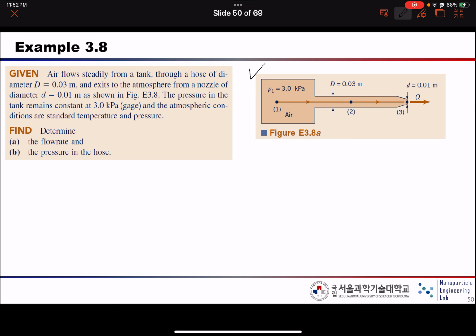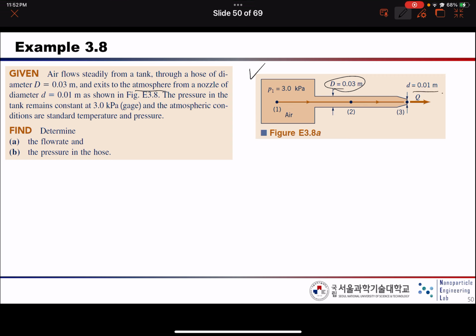So here the diagram is given. The air flows steadily from the tank through the hose of diameter 0.03 meter. Okay, here the geometry is given. Exit to the atmosphere from the nozzle, so D equal 0.01.